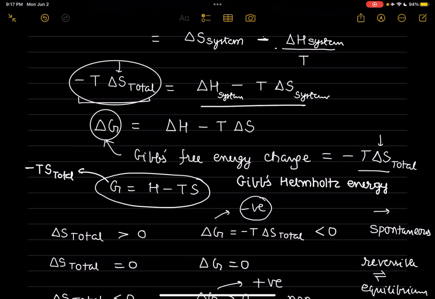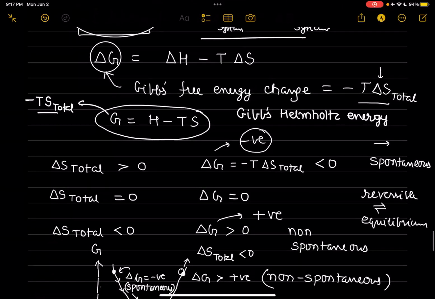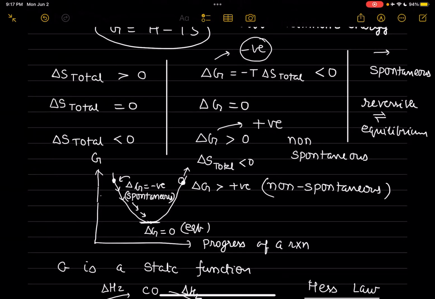So for a reaction to move in the forward direction, Gibbs free energy should decrease. Entropy should increase. Gibbs free energy should decrease. I gave you a parallel comparison for a ball.